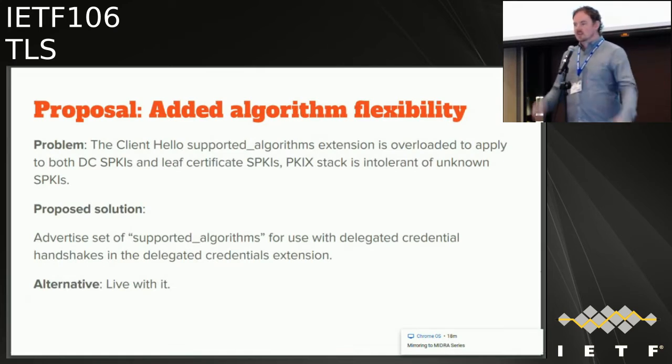Then if a server supports this type of key and doesn't support delegated credentials, it could send down a cert that supports this key type, and your stack is not able to effectively communicate that distinction to the server. This is not necessarily a problem in some of the stacks we've seen, but it's a potential problem in one or two of them, and I've heard anecdotally from folks that this may be a problem.